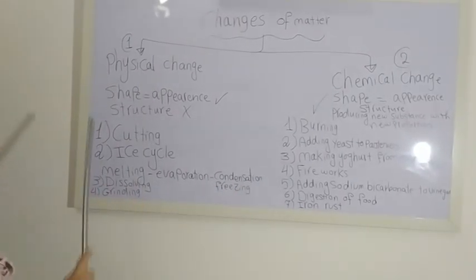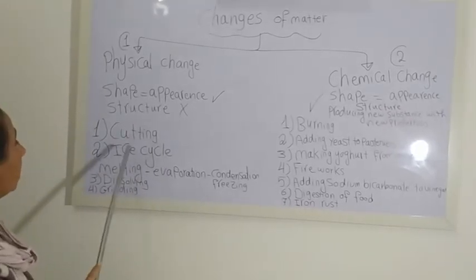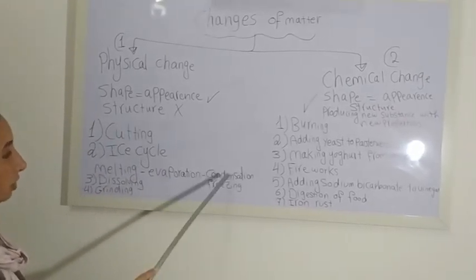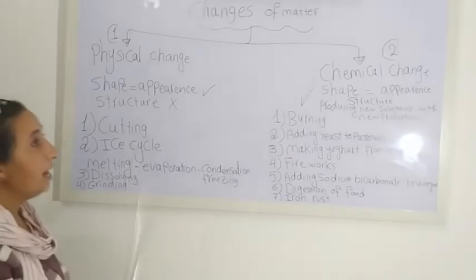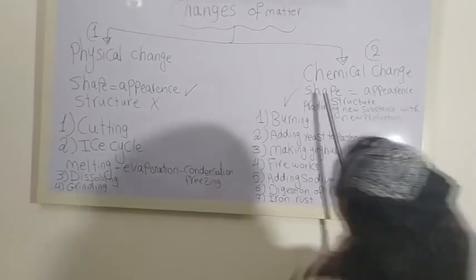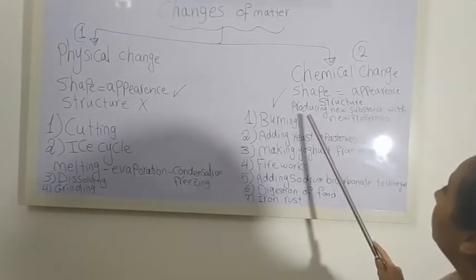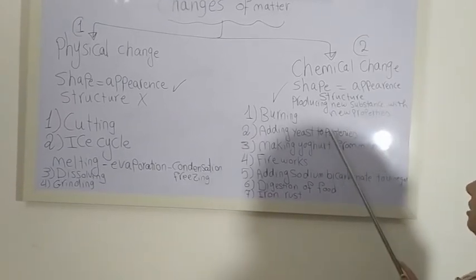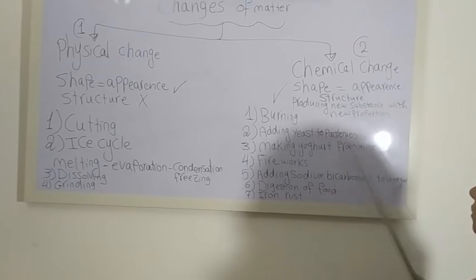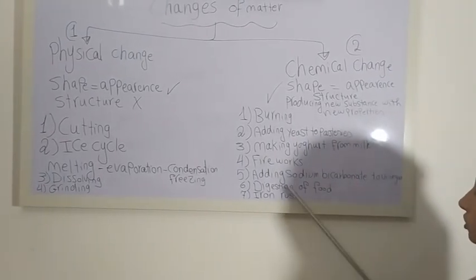Physical change is a change in shape or appearance without a change in structure. Examples: cutting, the ice cycle, melting, evaporation, condensation, freezing, dissolving, and grinding. Chemical change is a change in the shape, appearance, and structure, producing a new substance with new properties. Examples: burning, adding yeast to pastries, making yogurt from milk, fireworks, adding sodium bicarbonate to vinegar, digestion of food, and iron rust.